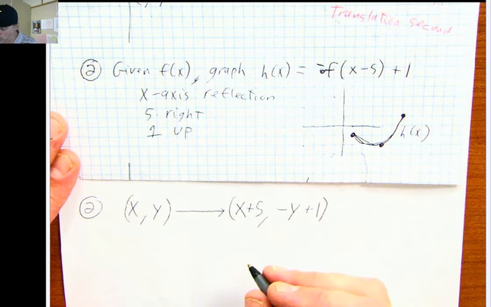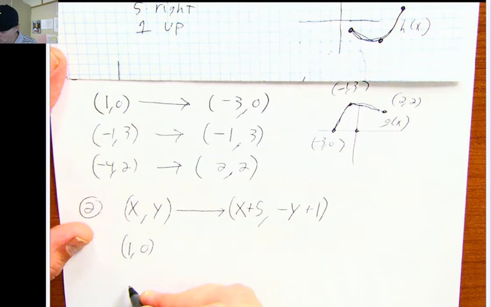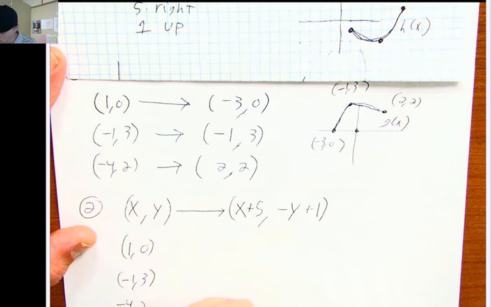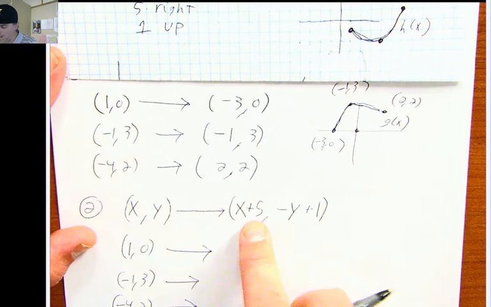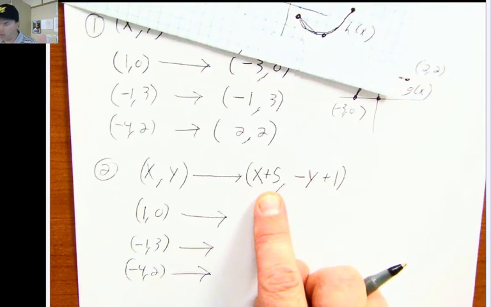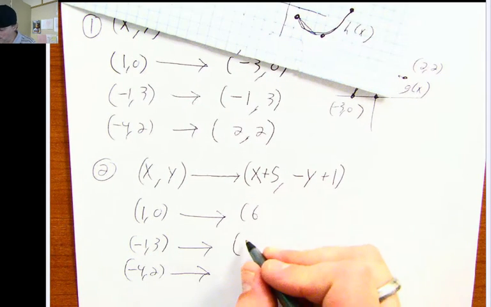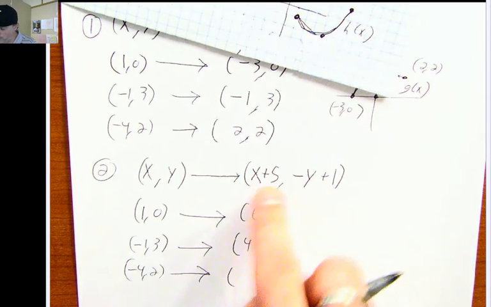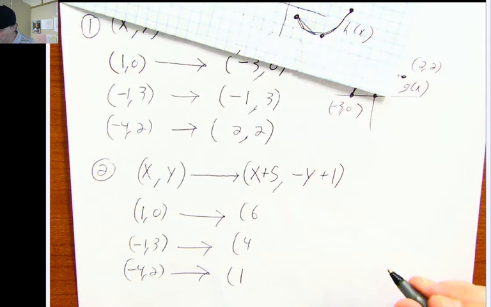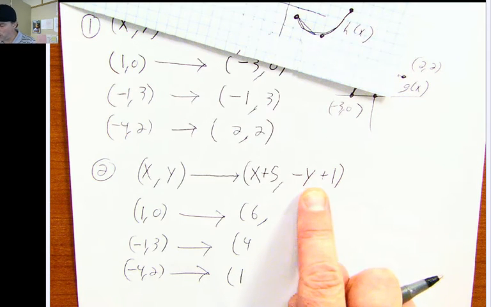So my 3 coordinates that I had, we had 1, 0, negative 1, 3, negative 4, 2. So I'm going to add 5 to the x-coordinate. So 1 plus 5 is 6, negative 1 plus 5 is 4, and negative 4 plus 5 is 1. And then I'm going to attach negative y plus 1.